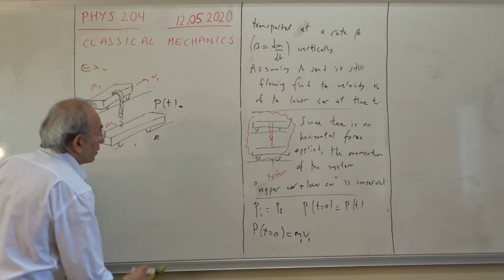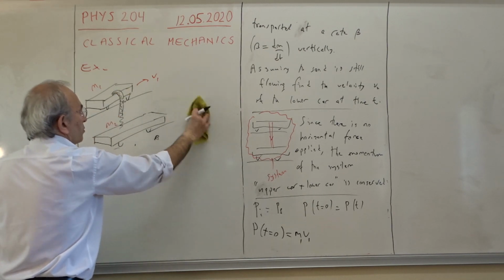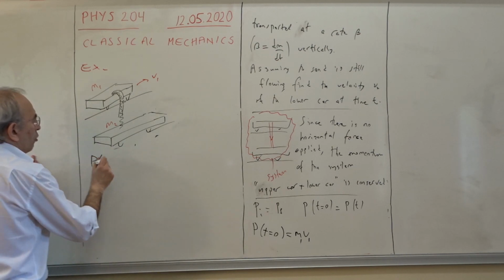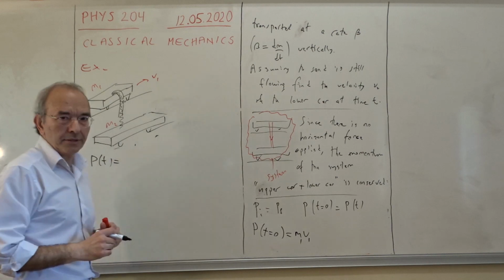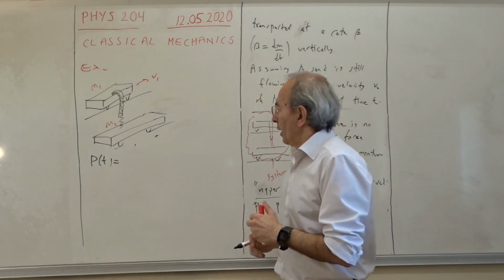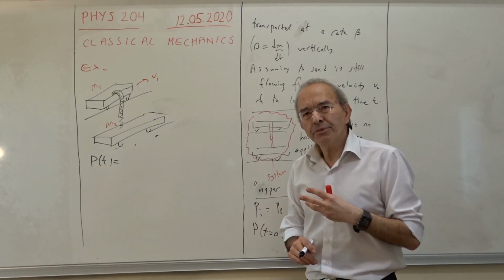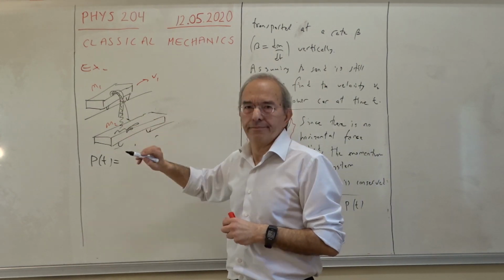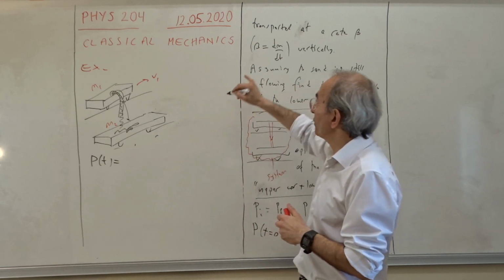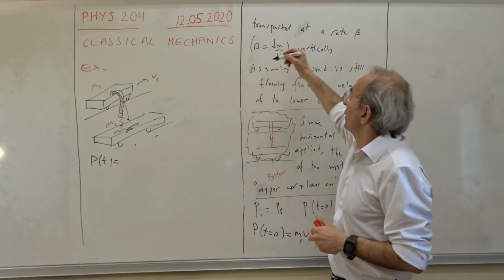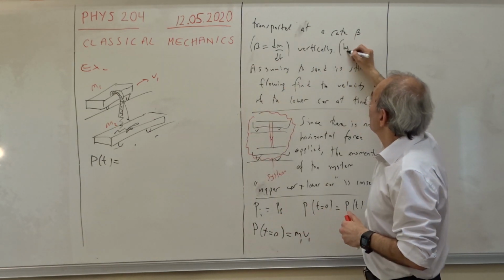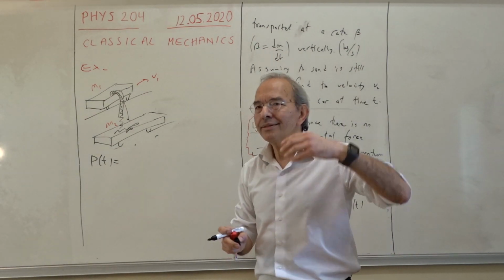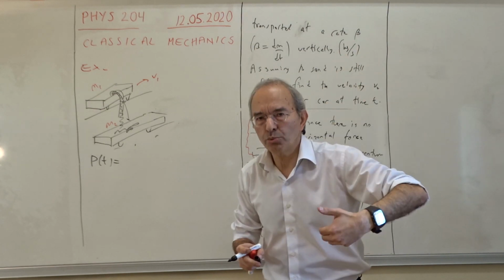Let me write it here. We need some more space. Momentum at time t. Until time t, some mass has already accumulated. What is that mass? We look at the rate, dm by dt, in kilograms per second. Let's say in 1 second, 10 kilograms of sand are transported.